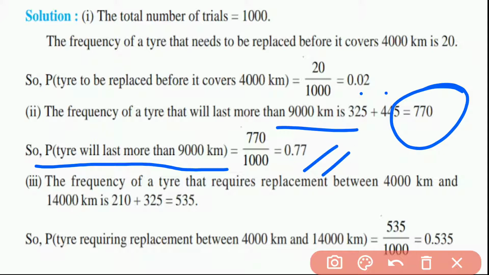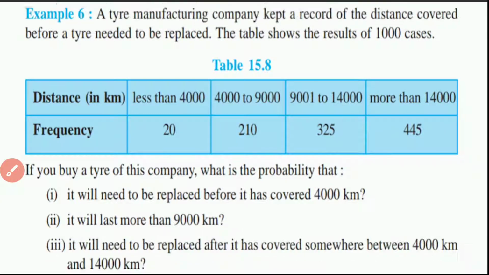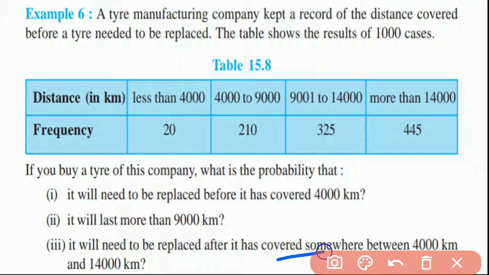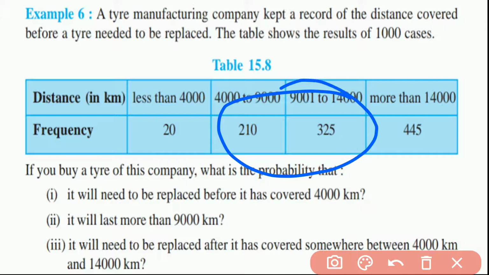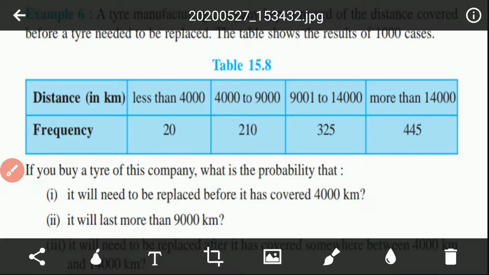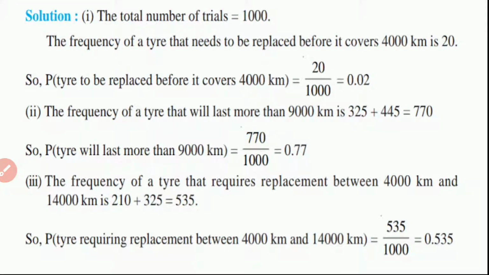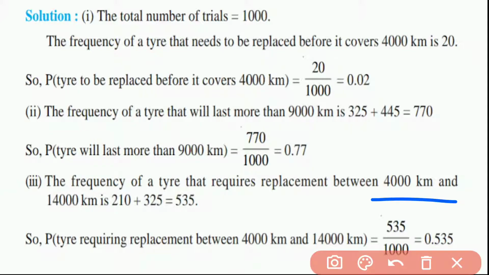In the same way, the third scenario asks for tires to be replaced between 4000 and 14,000. In between are the two ranges, 210 and 325. We sum up and get 535.